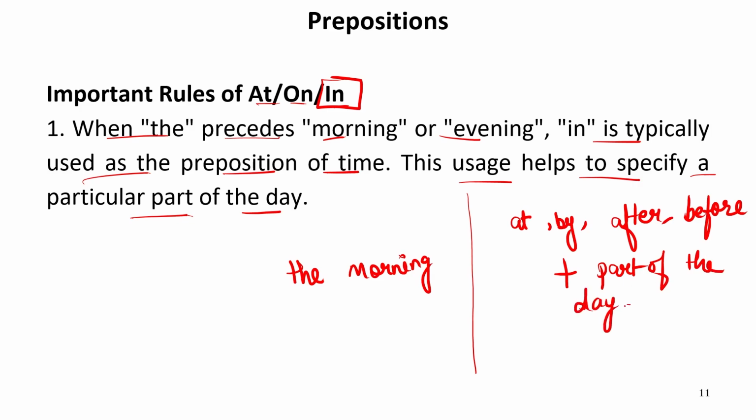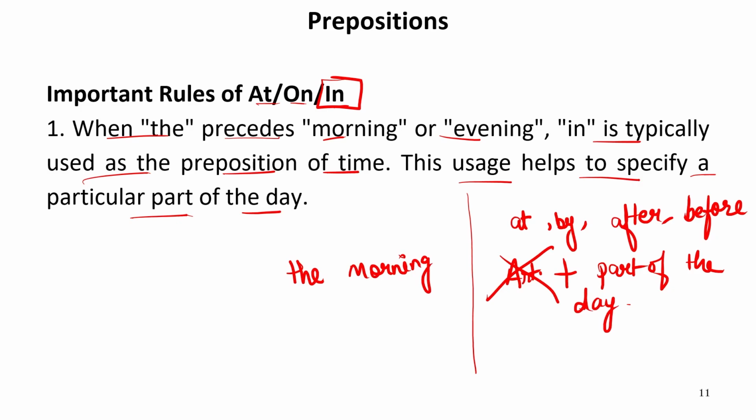Suppose there are the parts of days, for example, morning, evening, afternoon, and night, and we are using any of these prepositions before it. We do not use any article in between, whether it is definite article or indefinite article. For example, we have a and the, whatever. But we do not use any article if any part of the day is preceded by the preposition at, by, after, and before.